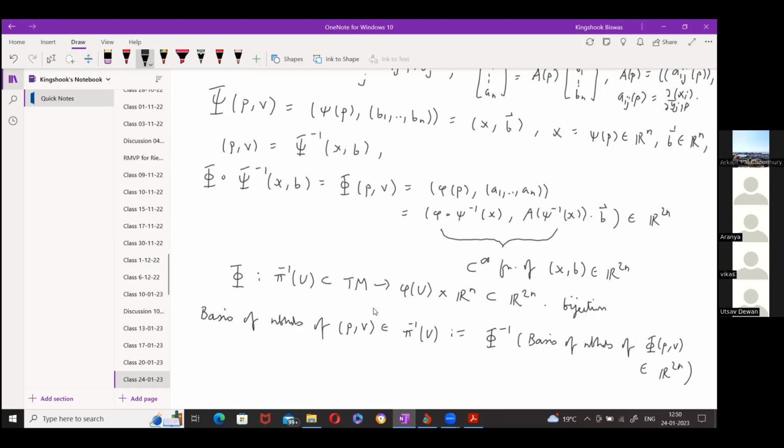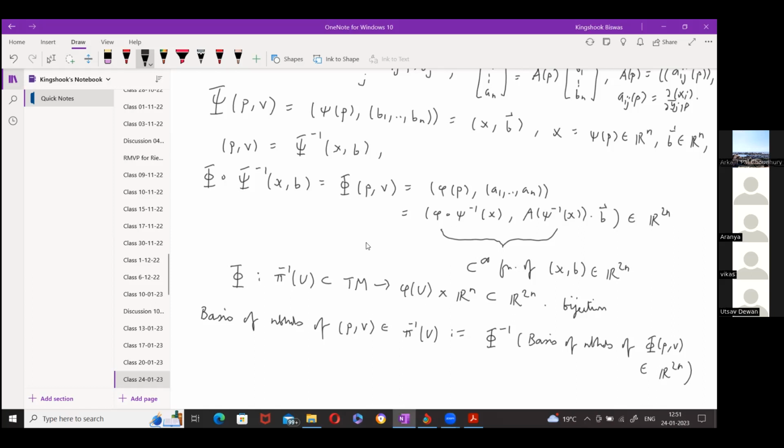So you use this map capital phi to define a basis of neighborhoods here. Now, this is independent of the choice of chart capital phi, because if I chose another chart capital psi, then the change of charts is a smooth map from R^2n to R^2n. In particular, it's a homeomorphism.